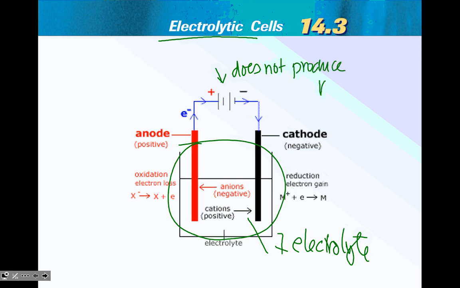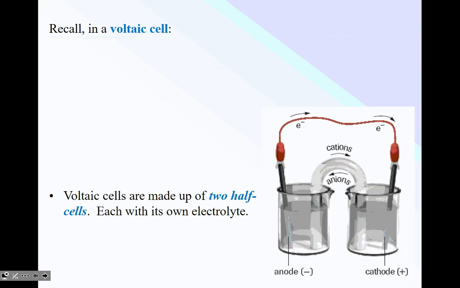It actually needs voltage. It requires voltage. So I'm going to go over the differences and similarities of a voltaic cell compared to an electrolytic cell. And that's pretty much the majority of the time that we're going to spend today.